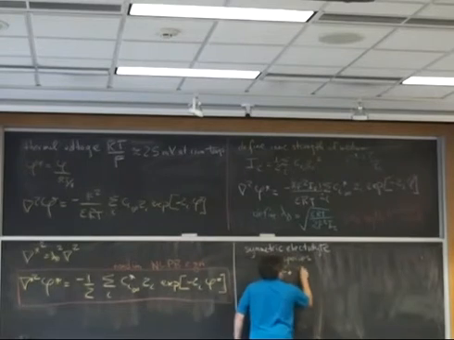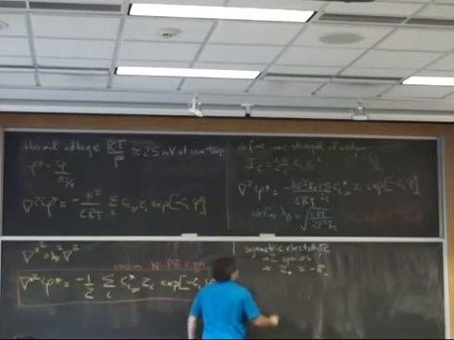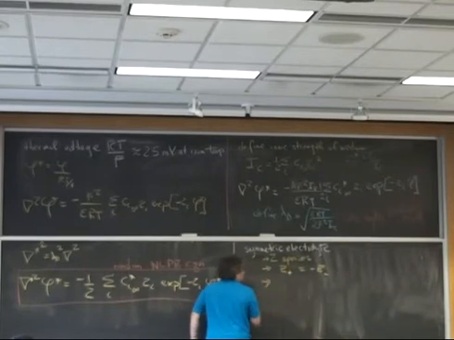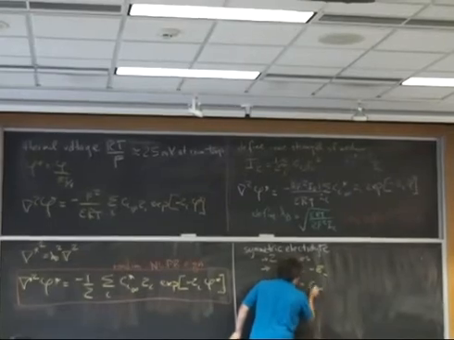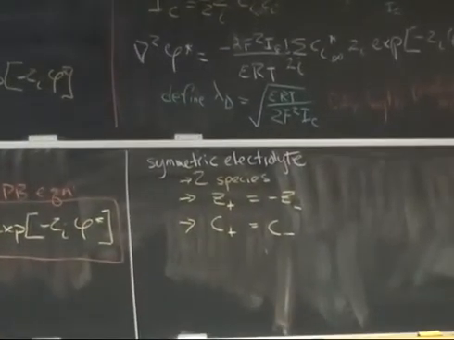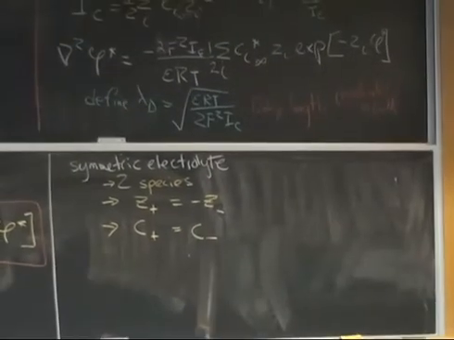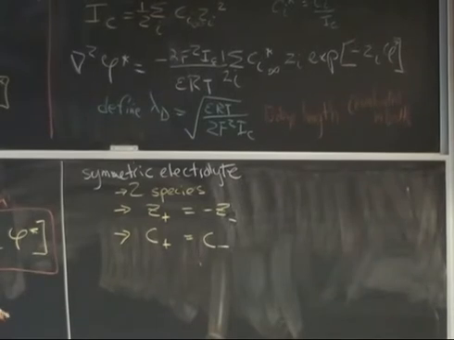The valence of the positive one is the opposite of the valence of the negative one. And the concentration of the positive species is equal to the concentration of the negative species. So for example, if I had a 10 millimolar sodium chloride solution, that's symmetric. If I had a 5 millimolar magnesium sulfate solution, that's symmetric.